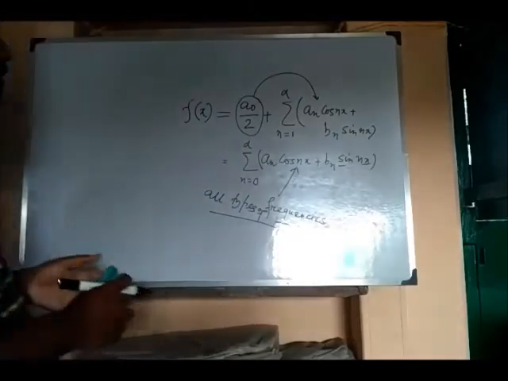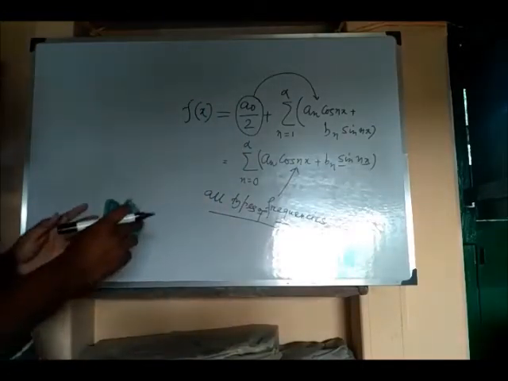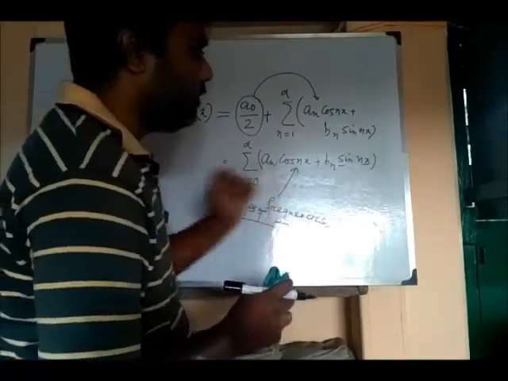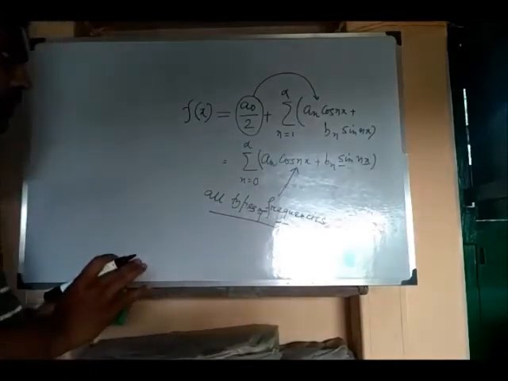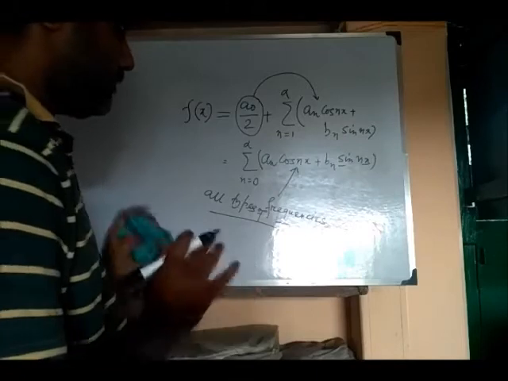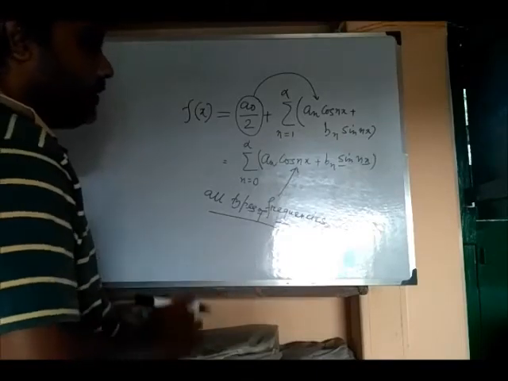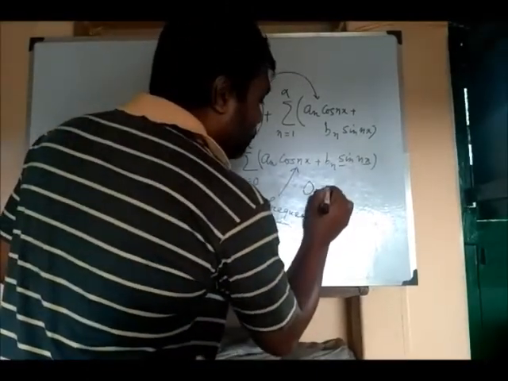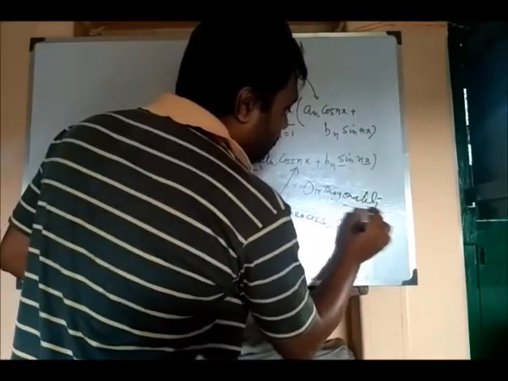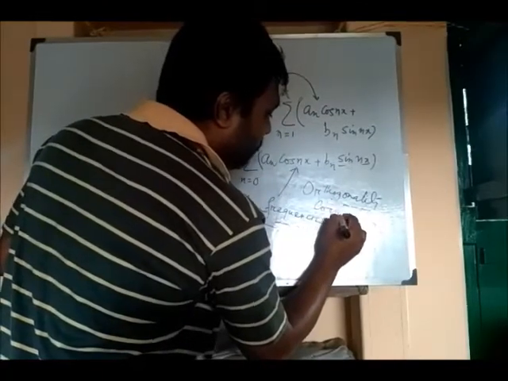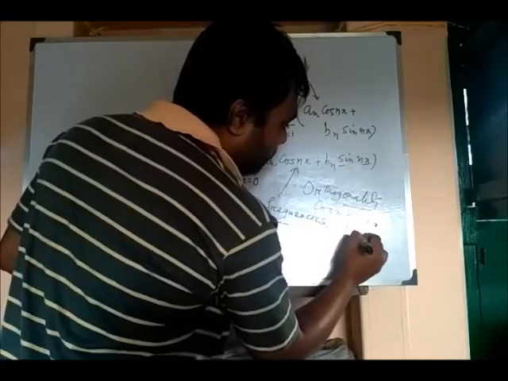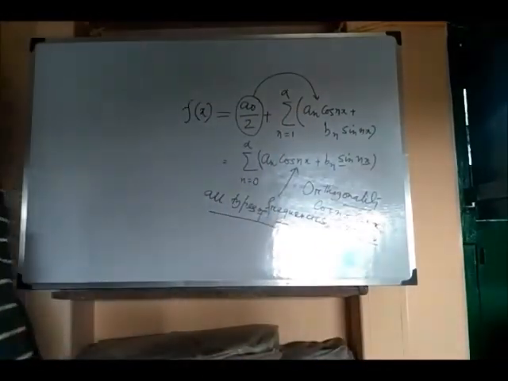Okay, and what is the basis of determination of these coefficients? You can determine these coefficients because of the orthogonality condition of cos mx and cos nx when m not equal to n. Right?